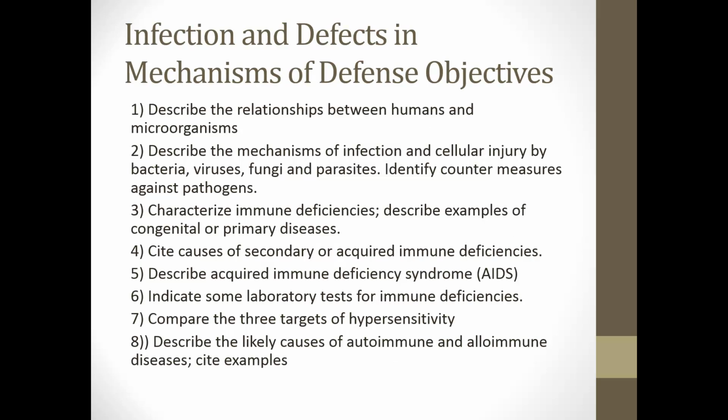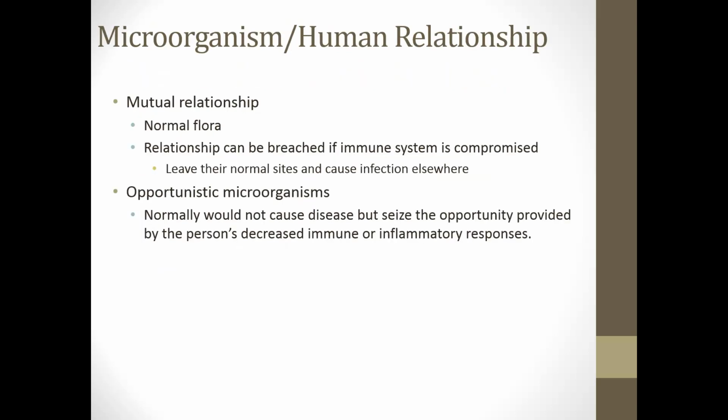Okay, so here are your objectives for you. If you ask me, the true essence of pathophysiology is obviously when things go wrong. You really can't talk about pathophysiology and think about when things are going wrong for our patients without looking at when things start to go wrong with their immune function.